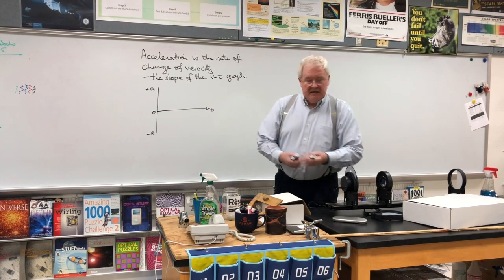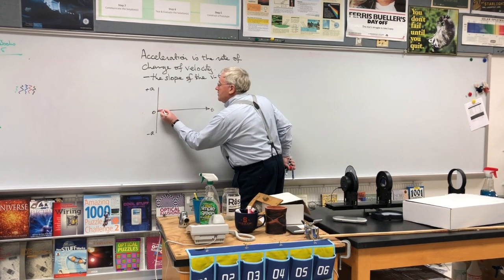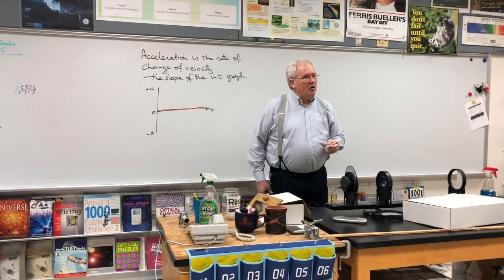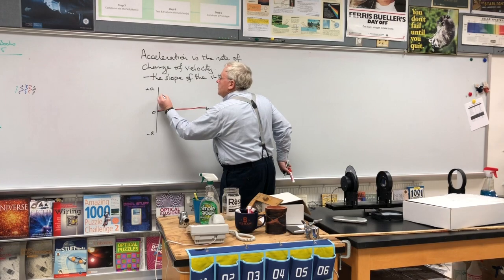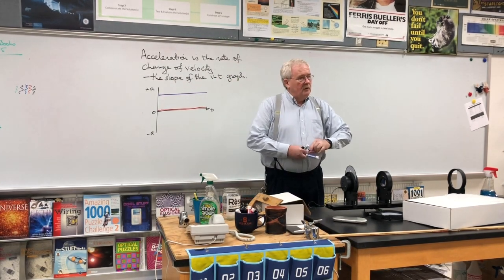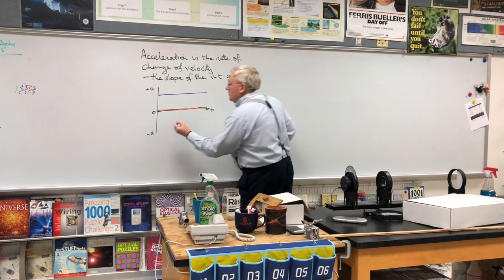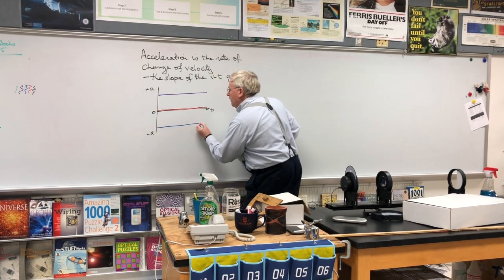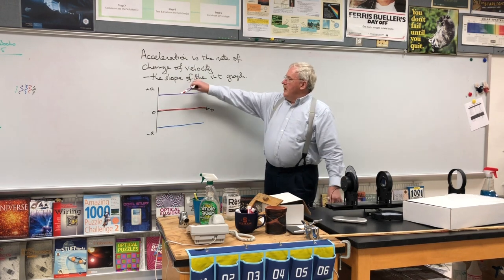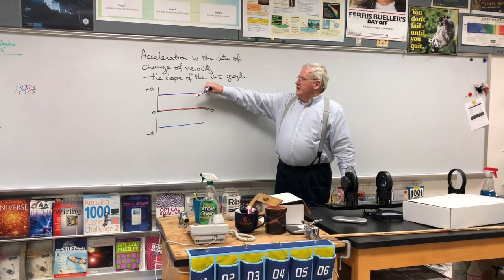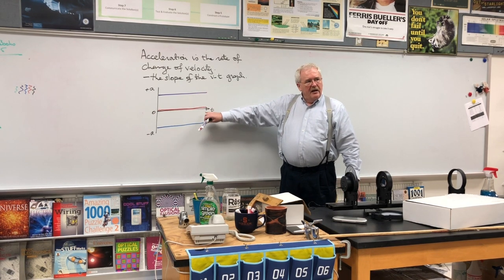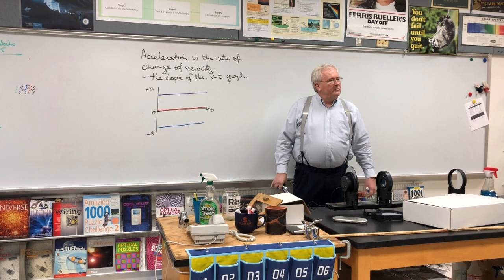You're either going to see a horizontal line along the axis, meaning no acceleration, a horizontal line above, or a horizontal line below. Now that we know that acceleration is just the slope of a velocity time graph, we can now analyze what the motion should be looking like.